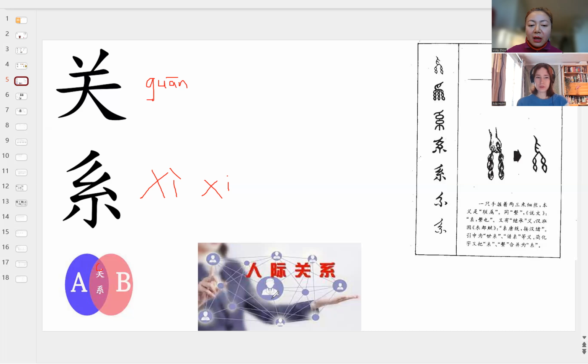From this 关系, you can also see people linked indirectly to another one. 关系, 人际关系, relationship.